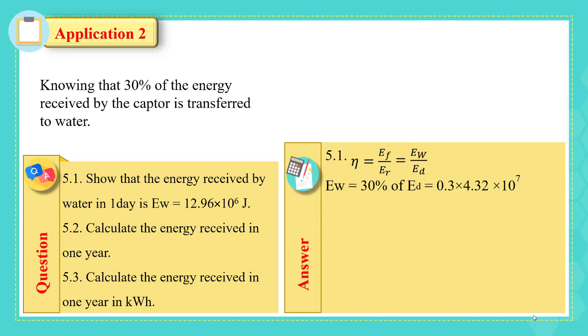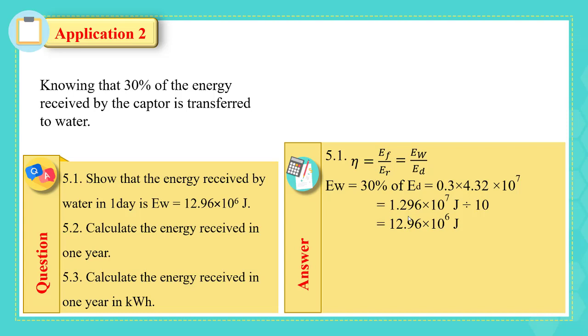So it is equal to 30% of ED. I substitute the values and I get 1.296 times 10 power 7 joules. But it was recommended to write this answer in this form, 12.96 times 10 power 6 joules. So I have to divide by 10 in order to get this number.